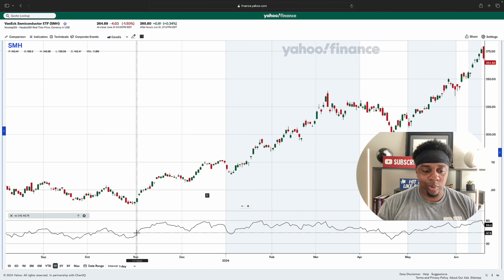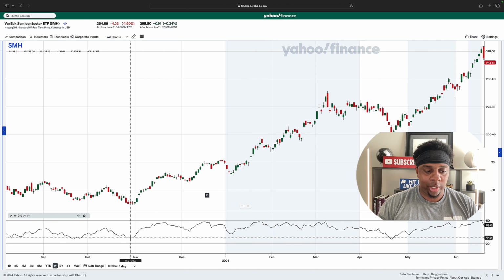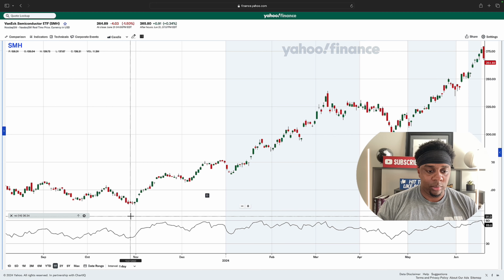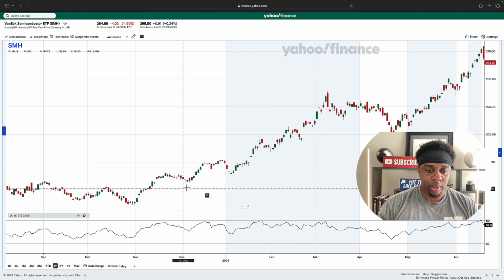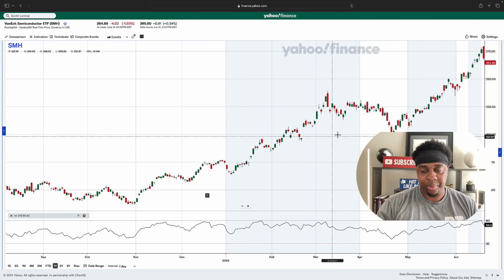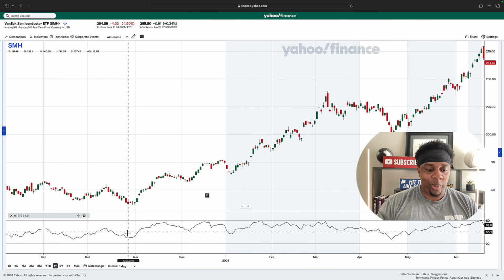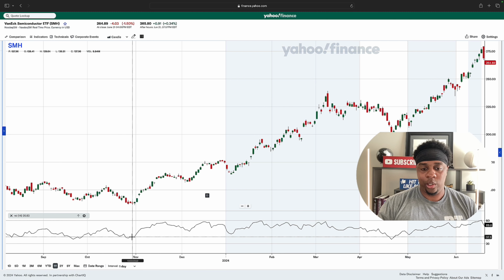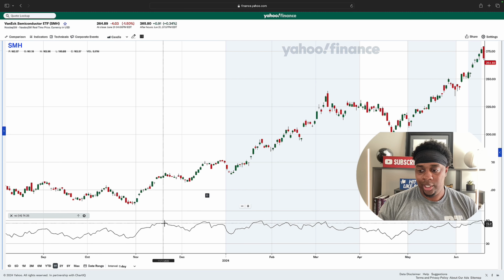But you see, as we approach that 30 mark, if you buy in where it gets closer to 30, which is around this area, look at all that growth that you can capture. That's why I like to wait till at least it approaches that 30 mark. I'm not going to buy up here where it's in the 70s and the upper 60s. I'm going to wait a little bit.